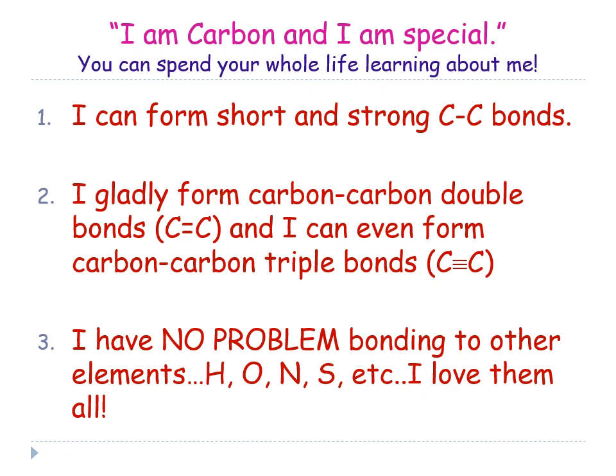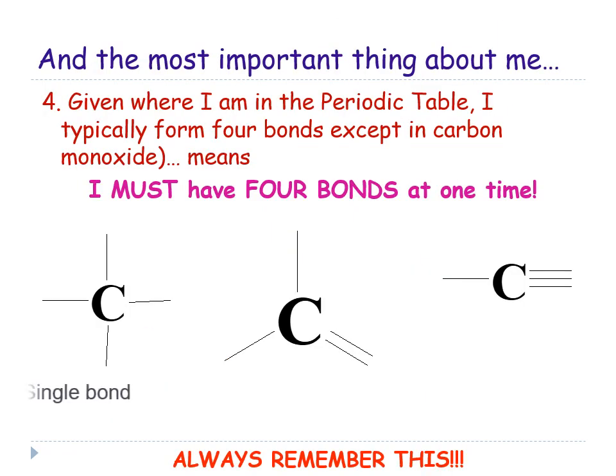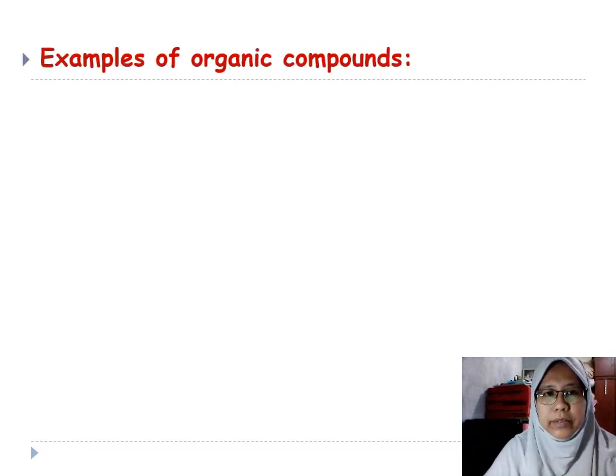Hydrogen, oxygen, nitrogen, sulfur, I love them all. And the most important thing about me, given where I am in the periodic table, I typically form 4 bonds, except in carbon monoxide. It means I must have 4 bonds at one time. Always remember this.